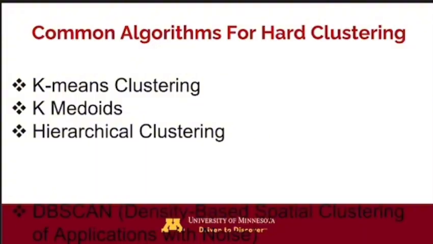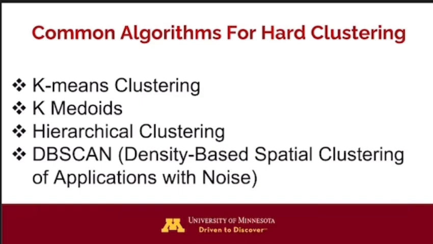Then we also have what we call the density-based spatial clustering of applications with noise. All these algorithms are classified under hard clustering. What do I mean by hard clustering? It means an object can only be in one group. If this particular object is in group A, this same object cannot be in group B. That's exactly what we mean by hard clustering.